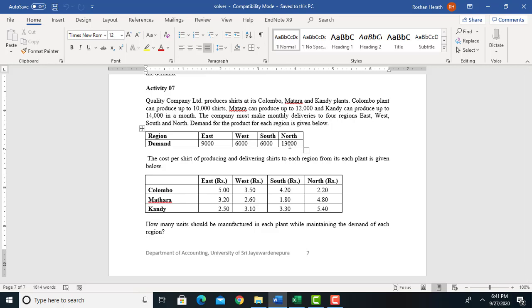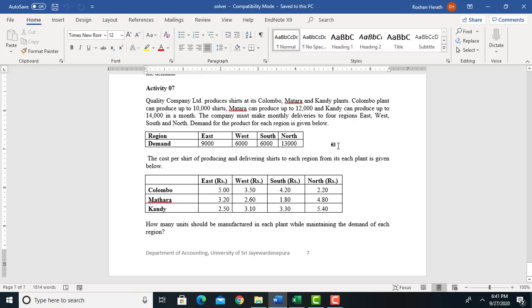You cannot just say that you are going to take 9,000 to east from the Colombo plant and that's it. For the west, take 6,000 from Mathur. For the south, take the rest 6,000 from Mathur. And from Kandy, deliver the requirement of north.